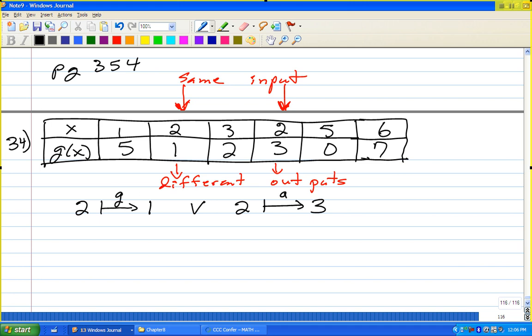This is using the rule G. And so using the rule G, sometimes when you input 2, you get an output of 1. Sometimes when you input 2, you get an output of 3. And so no, G is not a function.